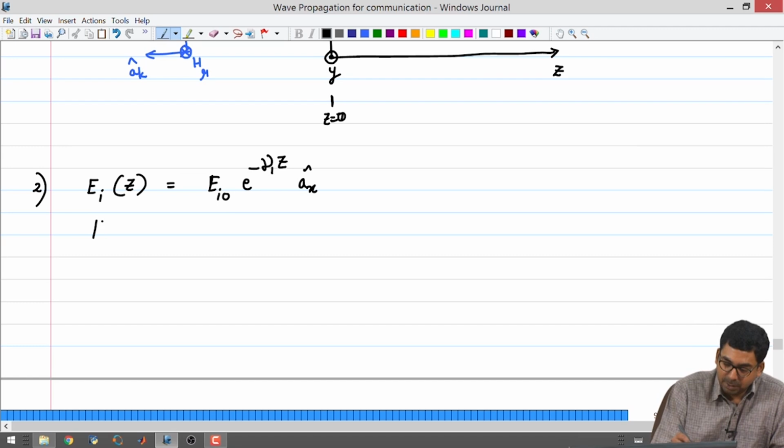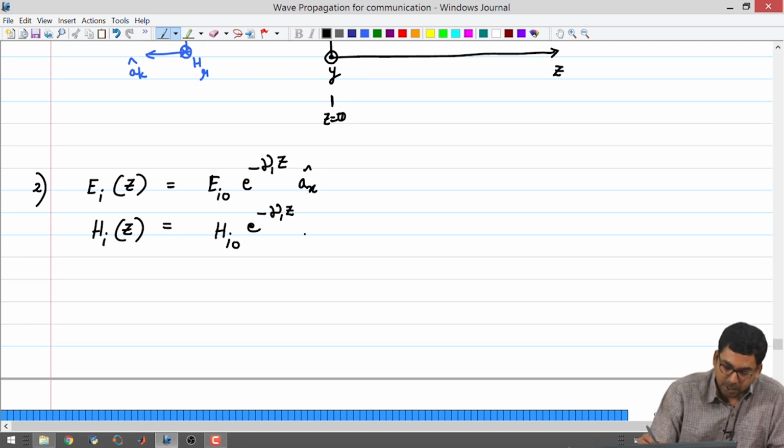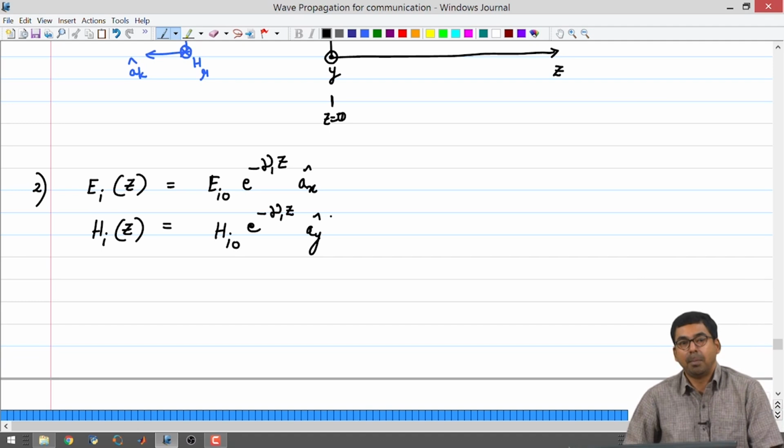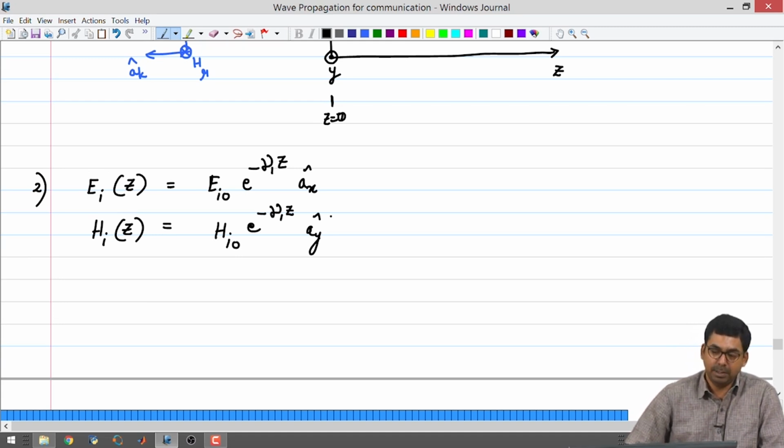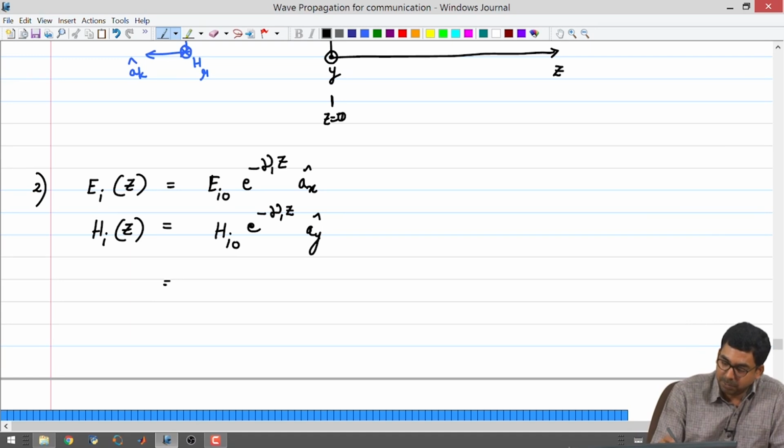Similarly, we can write down the expression for the magnetic field. This is going to have a very similar form, except that the unit vector for the magnetic field is in a different direction, that is all. By now we are very familiar with how to write these expressions. You can go one step further and apply Ohm's law for calculating the value of the magnetic field that you have written here.